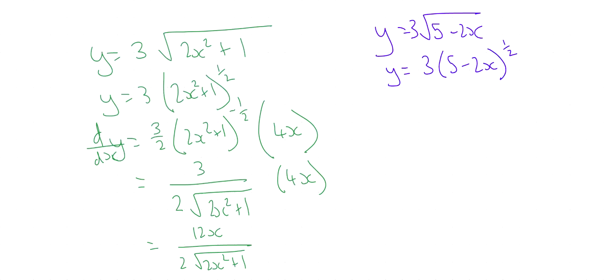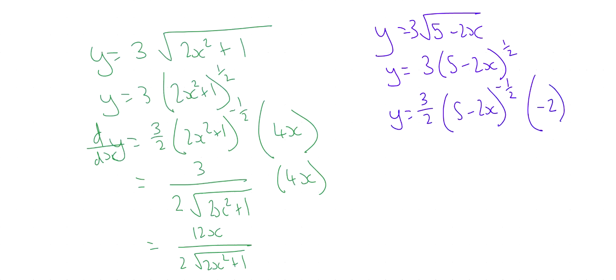All right, so my first thing I'm going to do is, again, multiply my power by my coefficient. So 3 halves, 5 minus 2x, subtract 1 from my power. And then the derivative of this is -2. I don't have any letters at all in it this time.